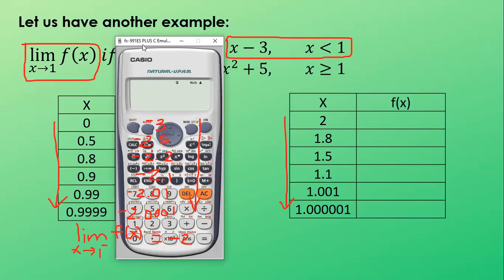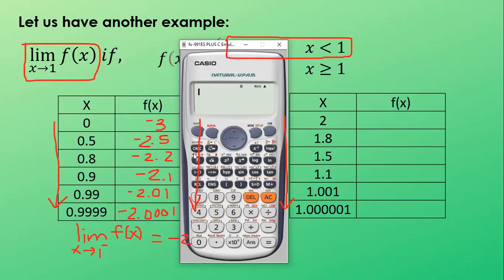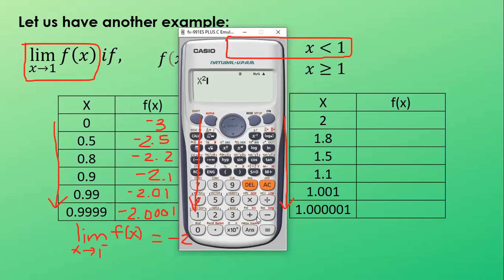So we are now going to use x squared plus 5. So x squared plus 5, calculate x is 2, we have 9. If x is 1.8, f of x is 8.24. If x is 1.5, 7.25.